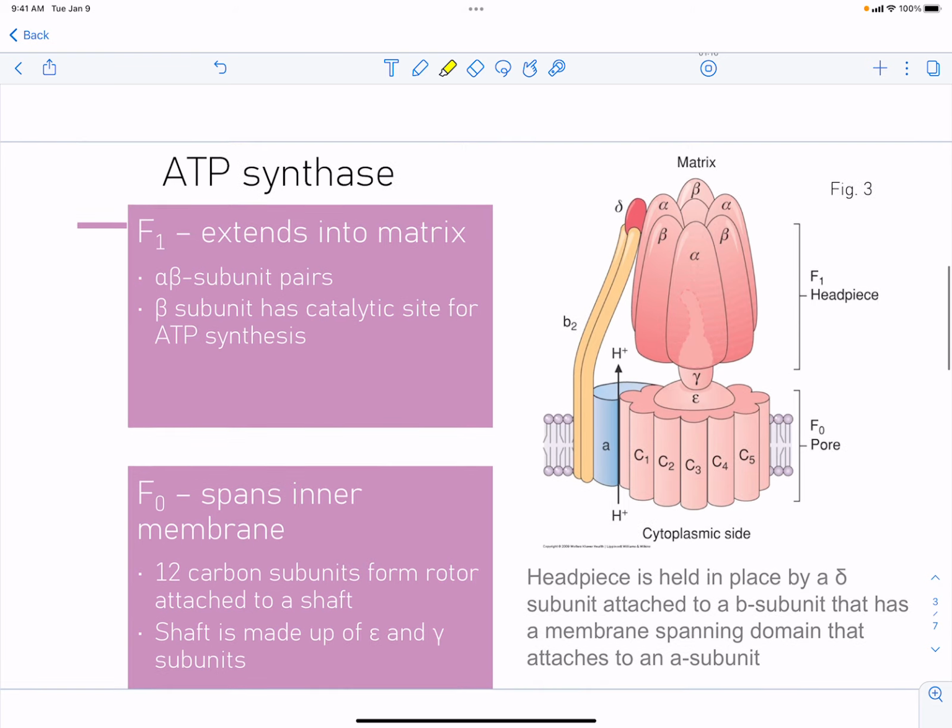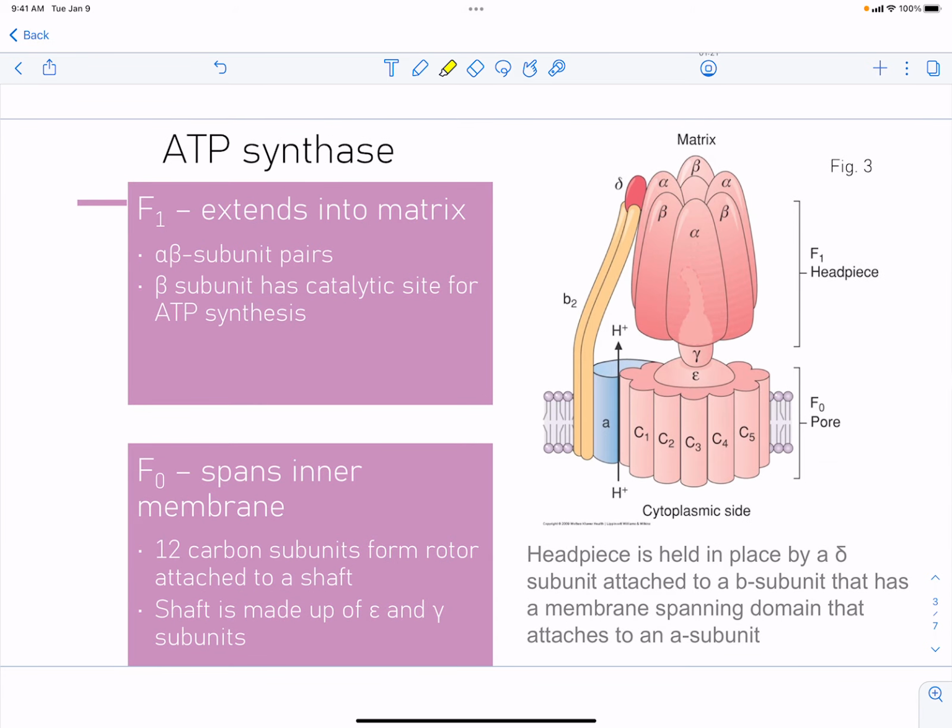So ATP synthase is an enzyme that is going to span the inner mitochondrial membrane. And you're going to have 2 parts. You're going to have the F1 portion, which is going to extend into the matrix. And this has the alpha beta subunits, and these are going to catalyze the formation of ATP.